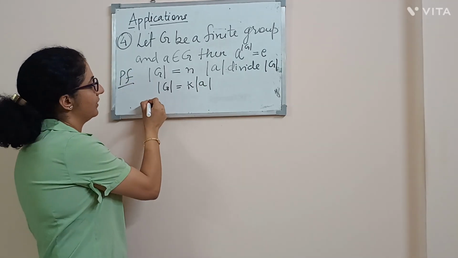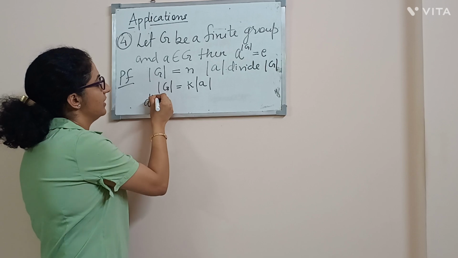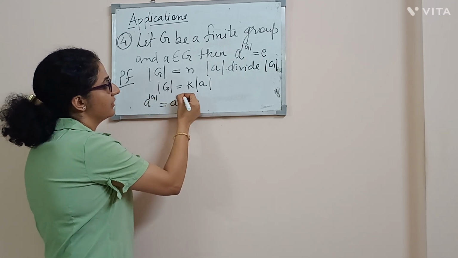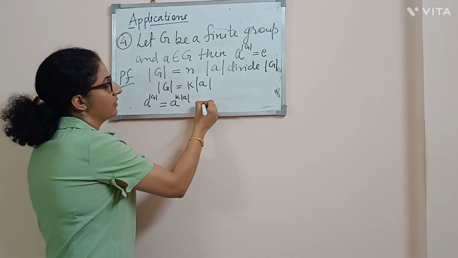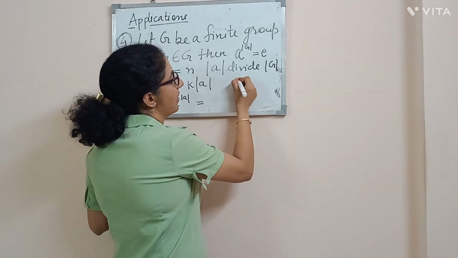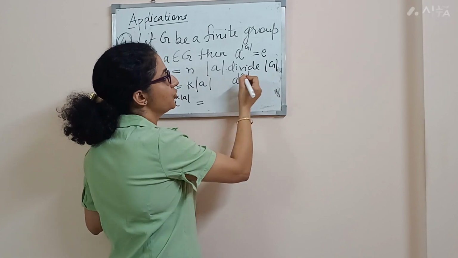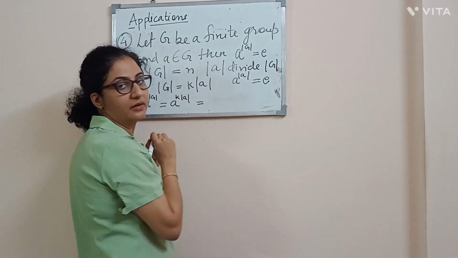Now if you calculate A raised to order of G, it means A raised to order of A times k. But order of A, whenever it is raised to power this, it would always give you identity.